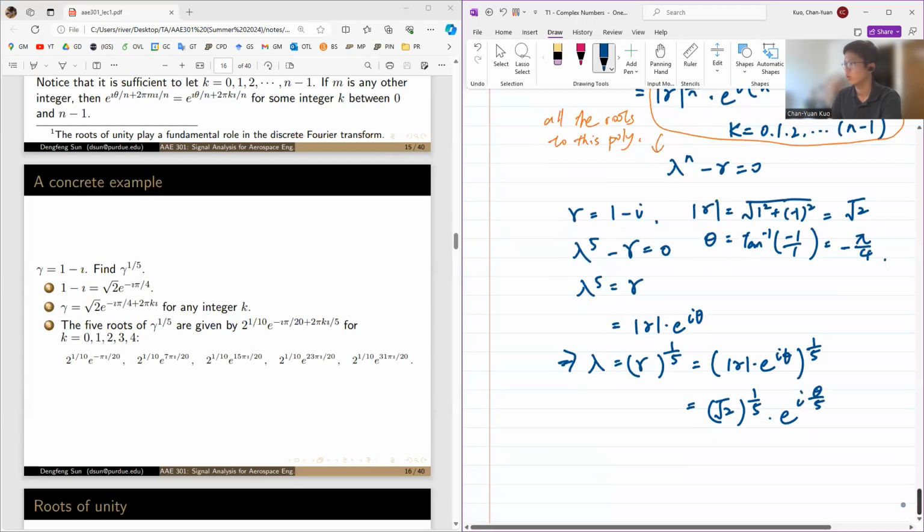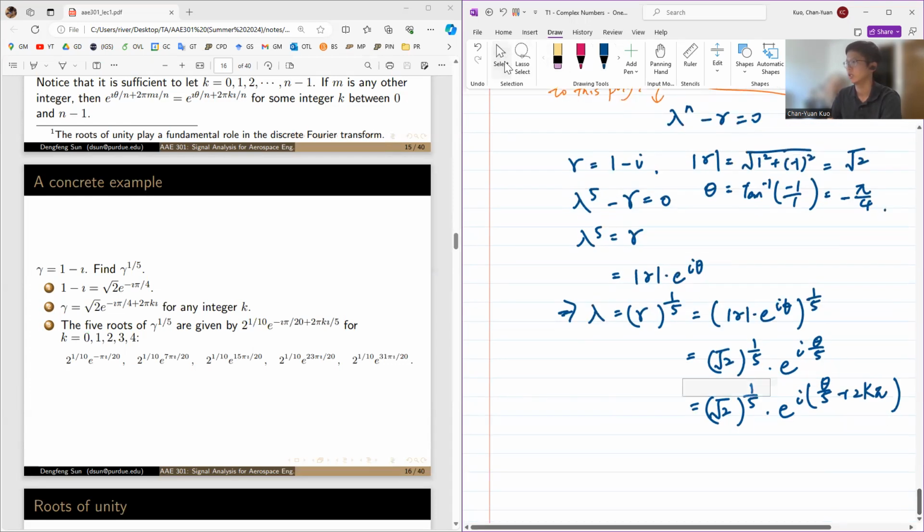And this is just one root to this polynomial equation. So to find all the other roots, we will have to multiply e to the i times 2k pi to this expression.